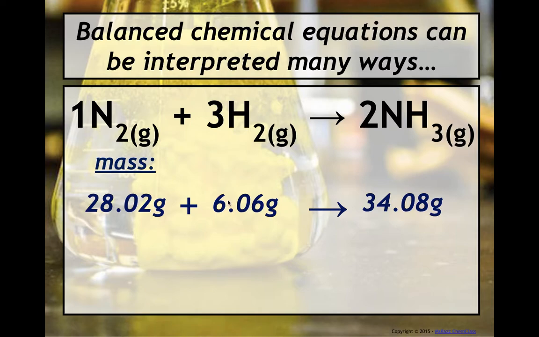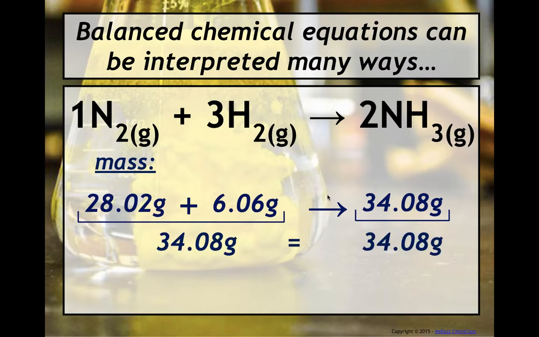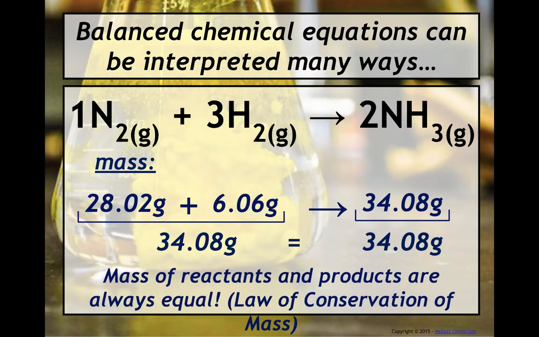And then we add them. These are the same, right? The number of atoms in the reactants and the products will be the same, and the mass in the reactants and products will be the same.